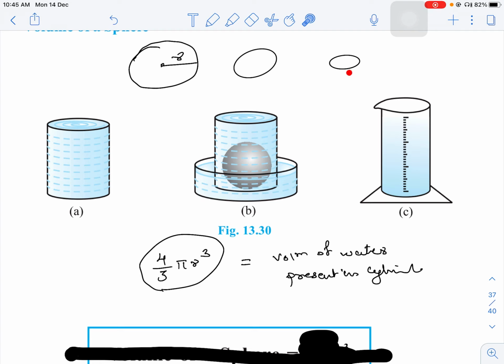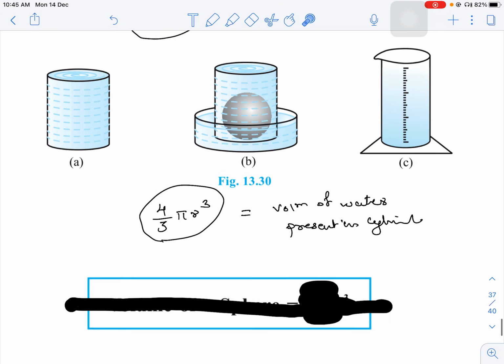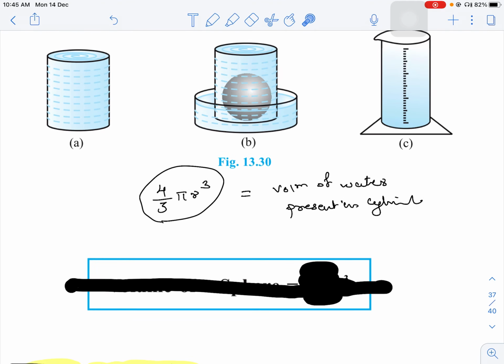Then take the third sphere, and again follow the same procedure. From all this procedure, we come to know that the volume of water displaced or present in this measuring cylinder is equal to this value, where r is nothing but the radius of the sphere.